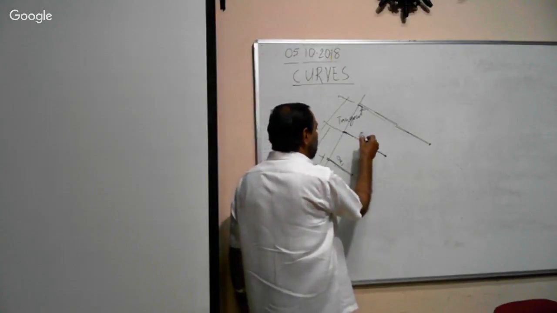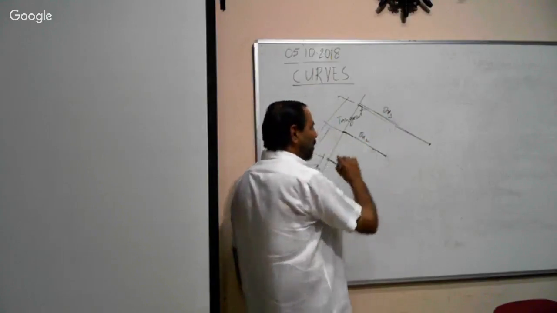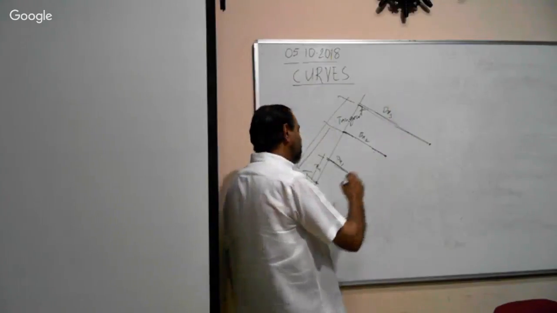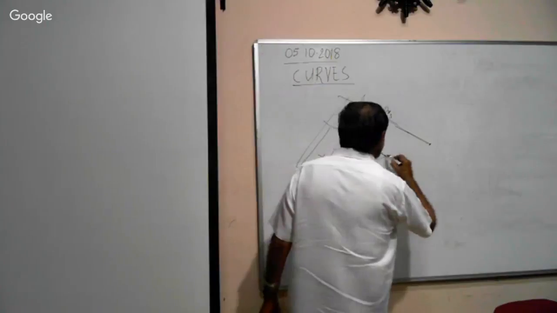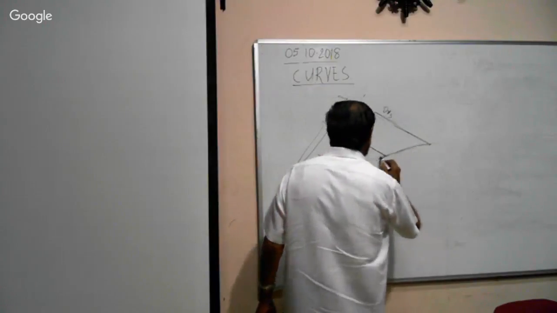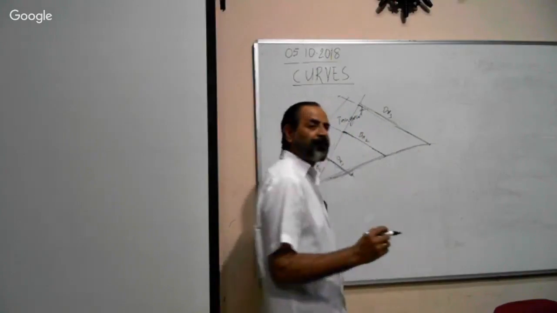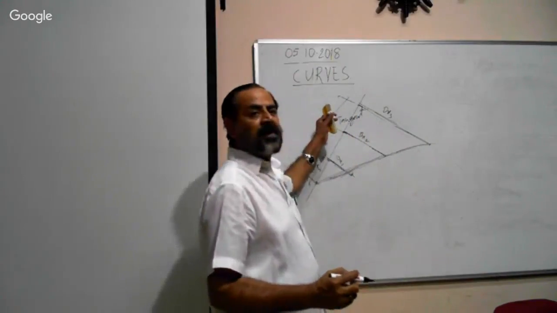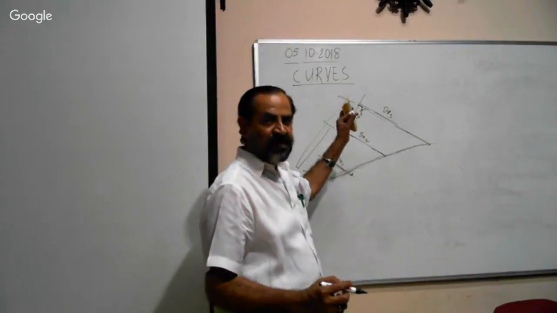This is Ox2. This is Ox3. Likewise, you calculate it, and then let us join these. This will give you the required curve. This is the offset from the tangent. Okay, understood?